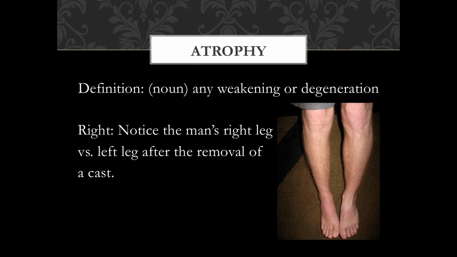And then your final word for this week is atrophy, and atrophy is a noun or any weakening or degeneration. And if you've ever had a cast on a broken bone and you've had the cast removed, you will notice atrophy, or you will have whatever part of the body was in the cast will appear smaller than the part that was not in the cast, and that's because your muscles atrophy.